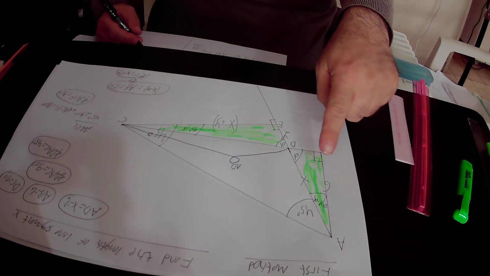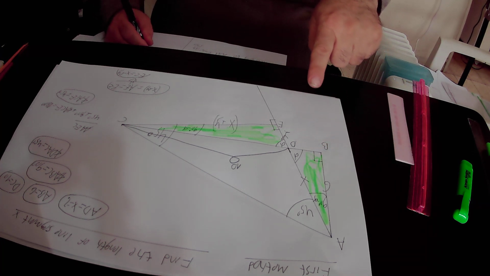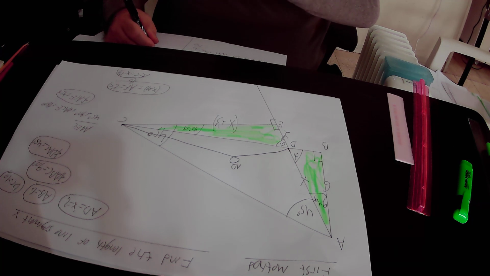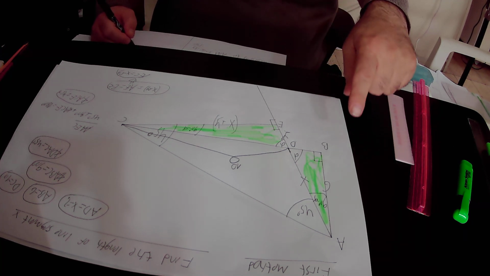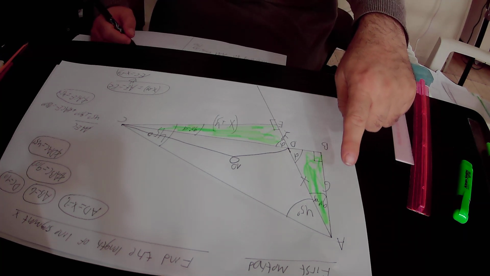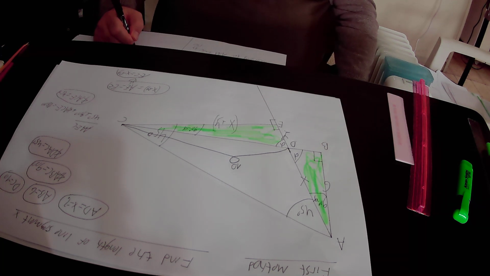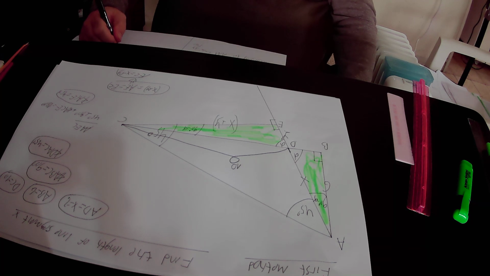The hypotenuse is AD, so the square of the hypotenuse is AD square, and it is equal to AB square plus BD square.